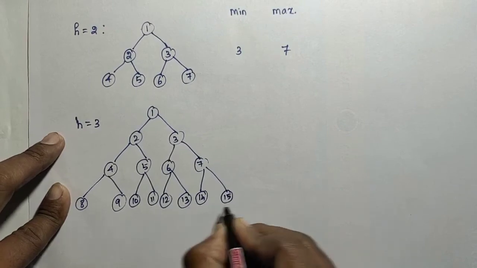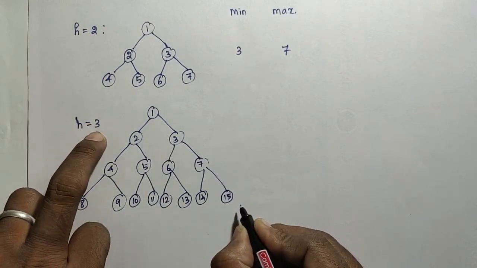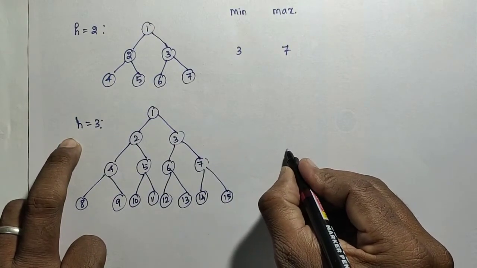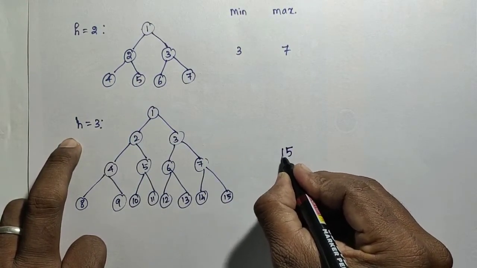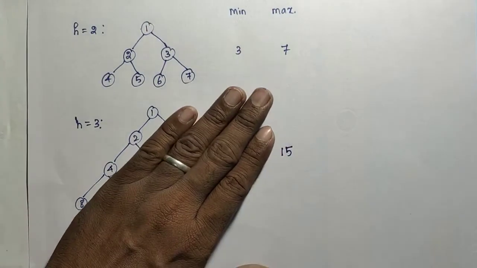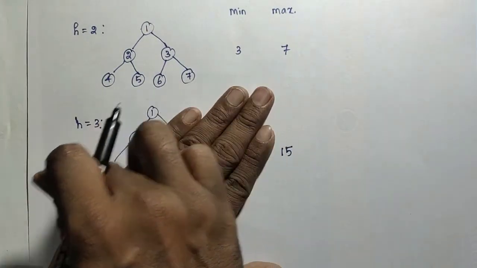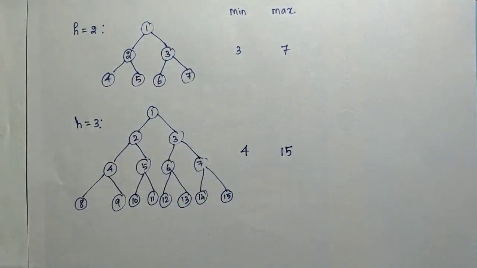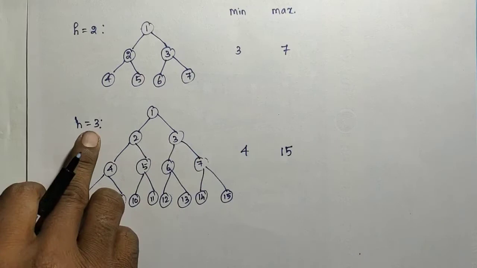So maximum number of nodes to be added for the given height 3 is 15. And minimum is only if you are considering 1, 2, 3, 4, that is 4 nodes. If I want to construct the tree with the minimum number of nodes with the height h equal to 3.